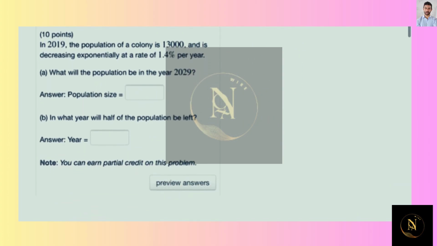In 2019, the population of a colony is 13,000 and is decreasing exponentially at a rate of 1.4% per year. If we use the exponential model for decay, it'd be 1 minus the rate to the time, since it's per year.